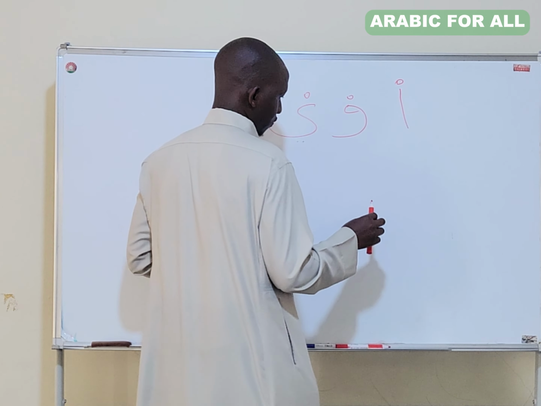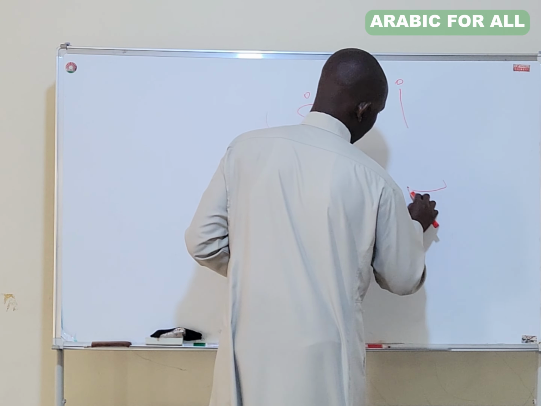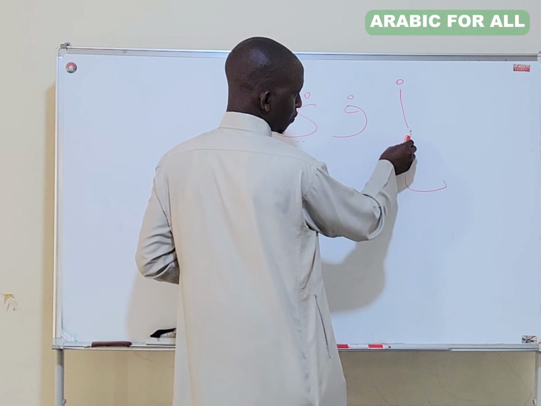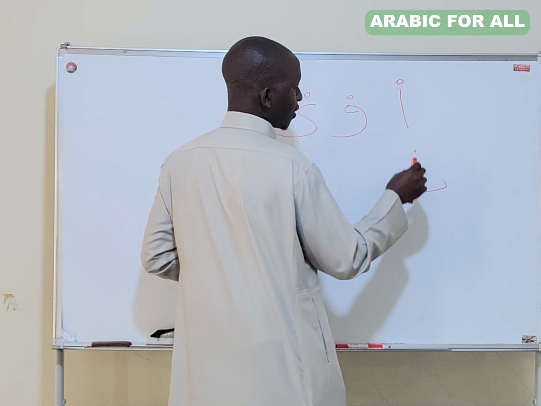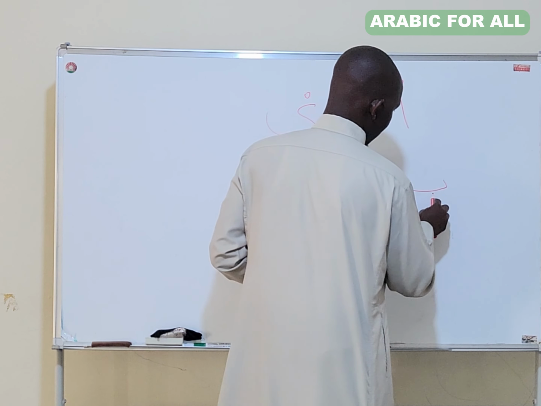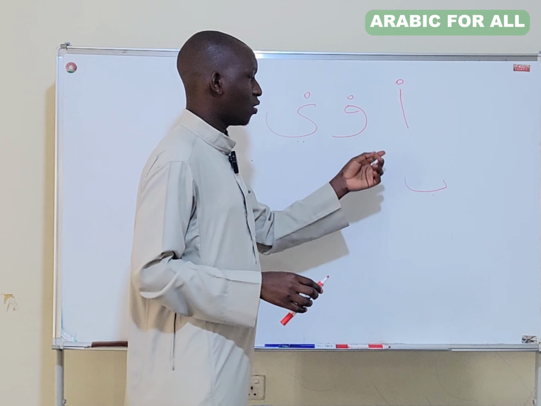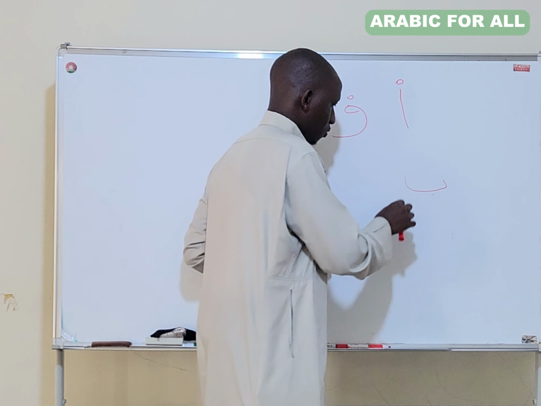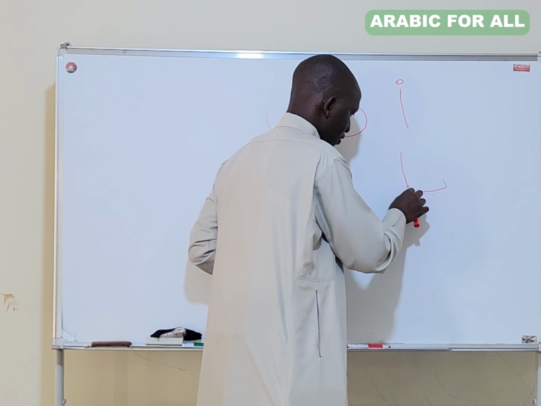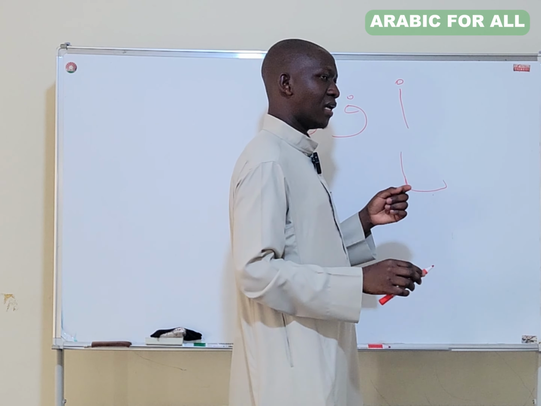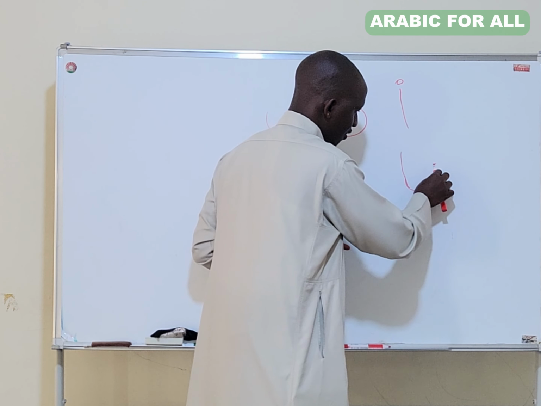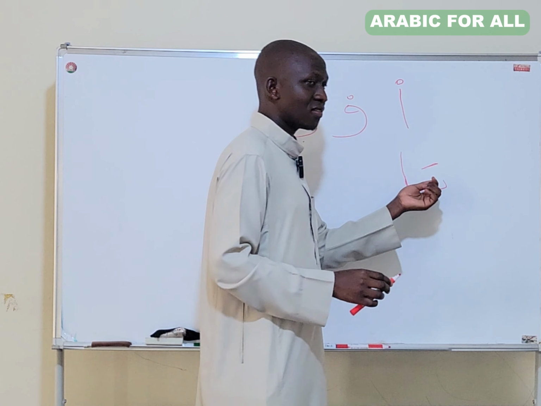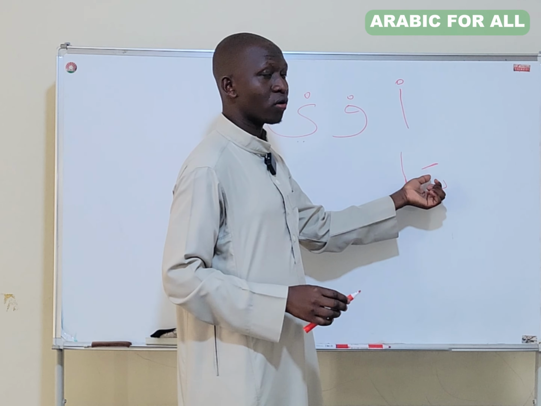Let's take an example of ba. When does alif have an effect on ba? Alif has an effect on ba when it is joined with ba like this, and then there is fatha, this vowel we started with, this a sound before it.